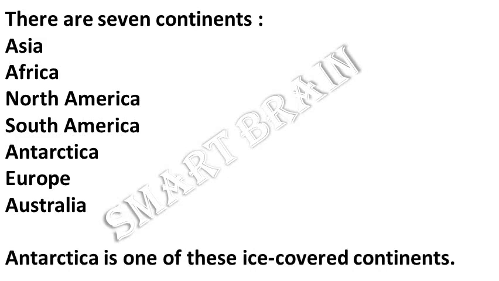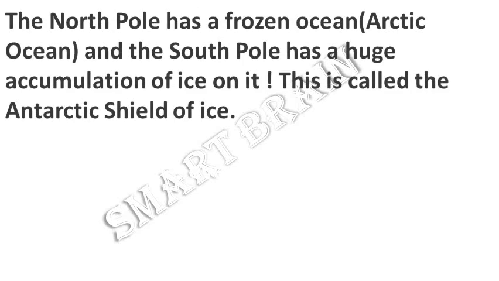Antarctica is one of these ice-covered continents. The North Pole has a frozen ocean and the South Pole has a huge accumulation of ice on it. This is called the Antarctic Shield of Ice.